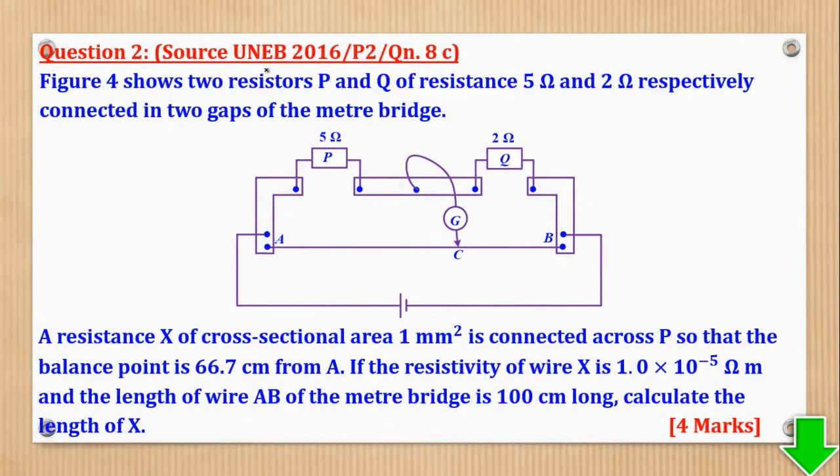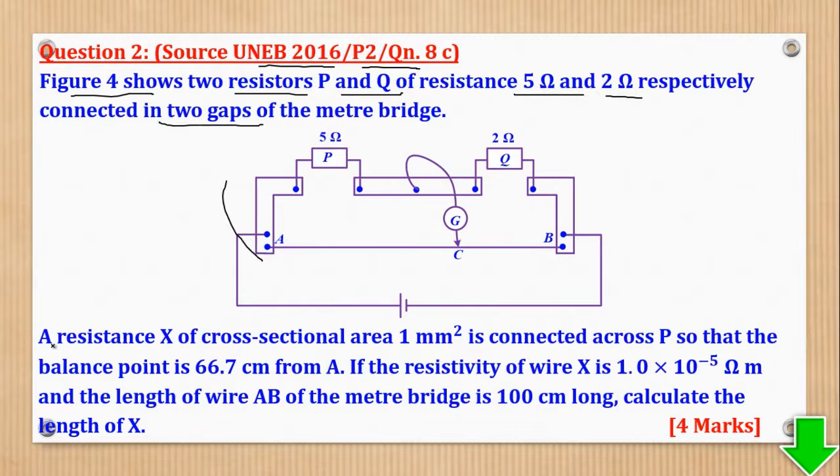So now we shall go to question 2, which came from UNEB 2016, paper 2, question 8C, and says, figure 4 shows two resistors P and Q of resistances 5 ohm and 2 ohm respectively, connected in two gaps of the meter bridge.